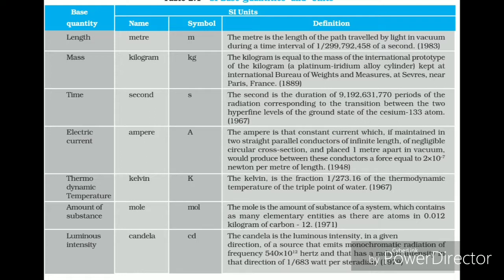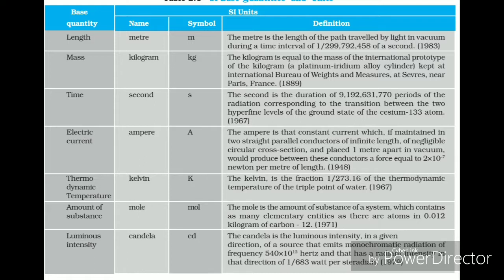This was chosen by the General Conference on Weights and Measures in 1971, and it is also known as the rectified or modified MKS system. In the SI system there are 7 fundamental units and 2 supplementary units.